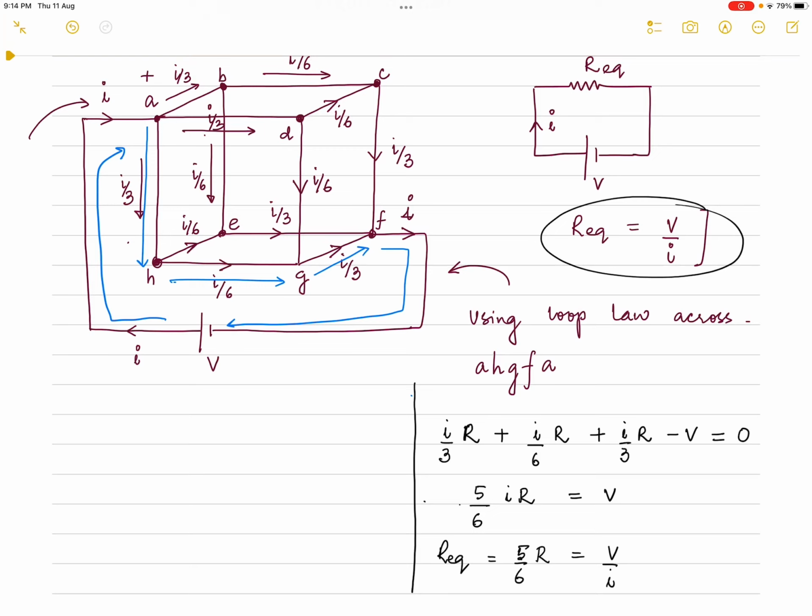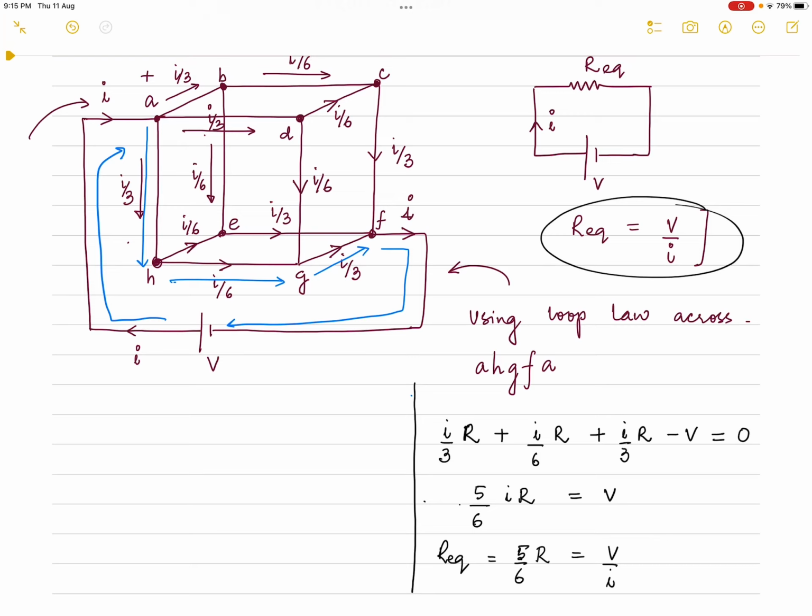How are we able to do it? It is possible because we are able to understand the symmetry of the circuit and we are able to distribute the current according to that symmetry. Yes. Now, using the same symmetry, we can use one more method, which will be identifying the resistors in this circuit which are in parallel and in series.